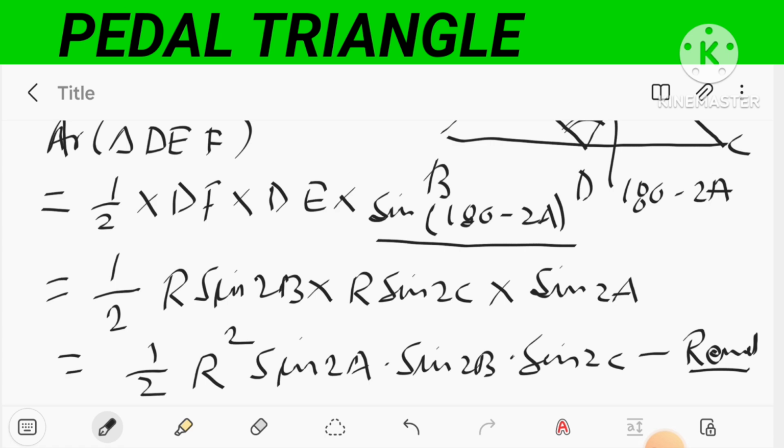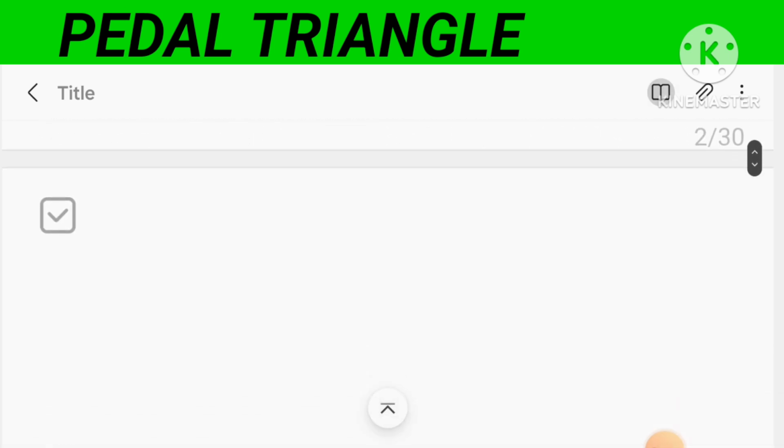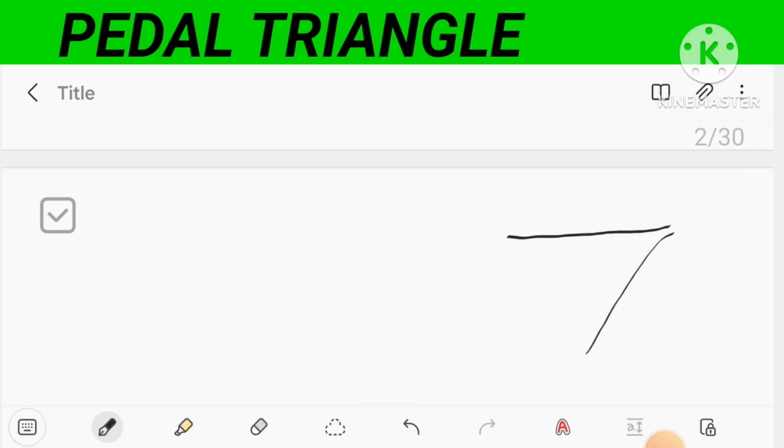Now again come to the next. In the pedal triangle DEF, this angle is equal to 180 minus 2A.